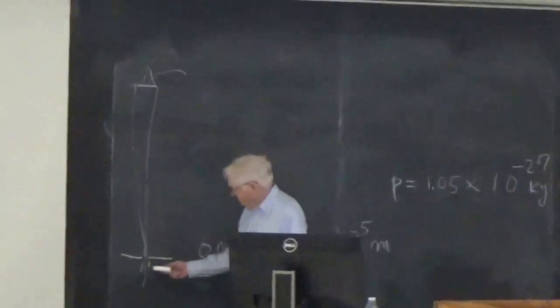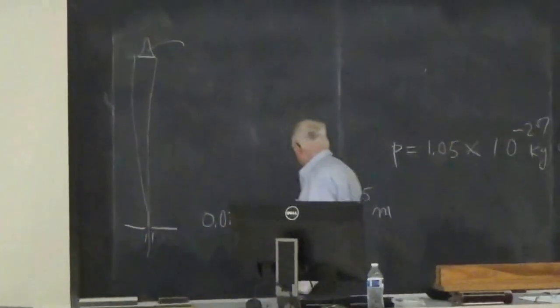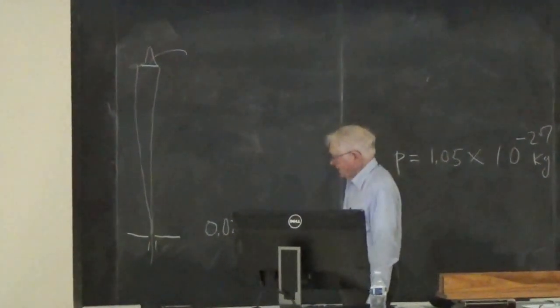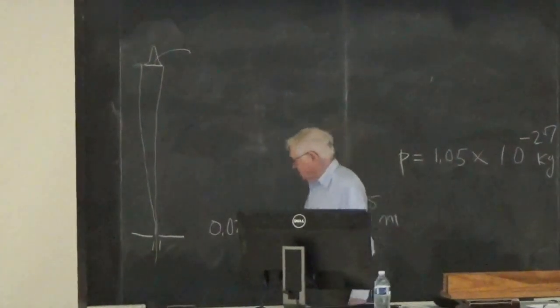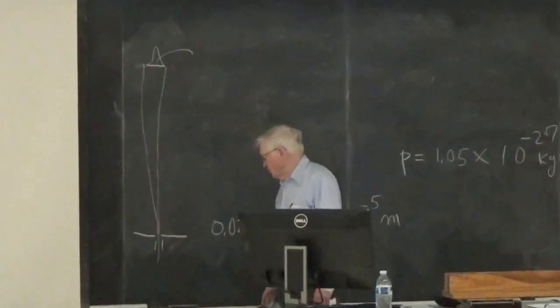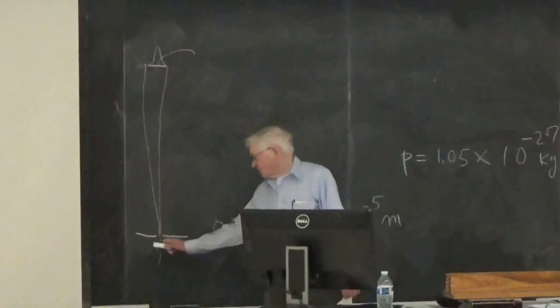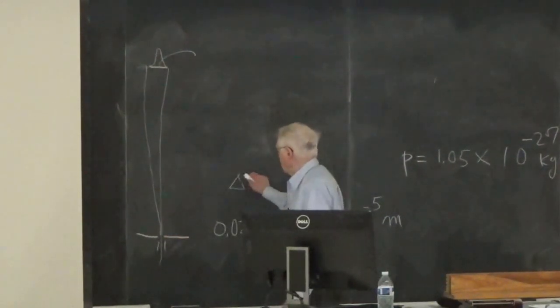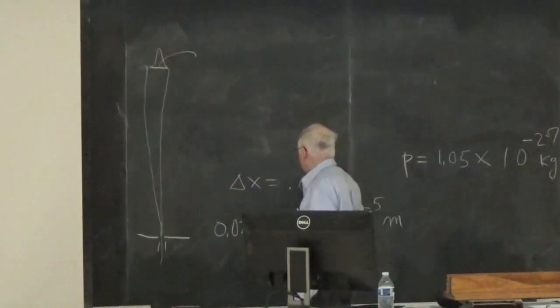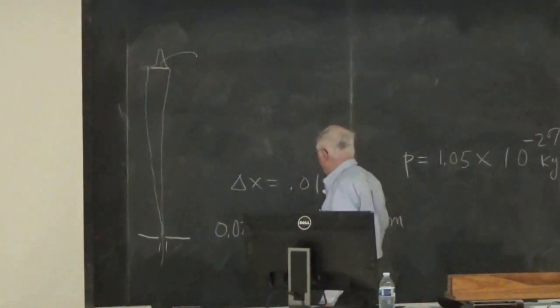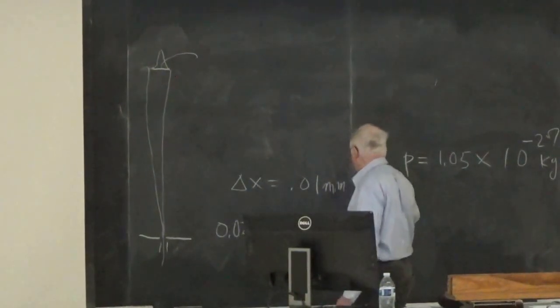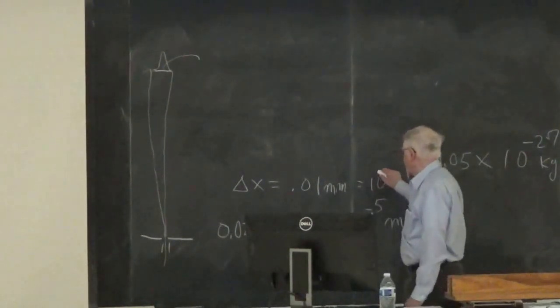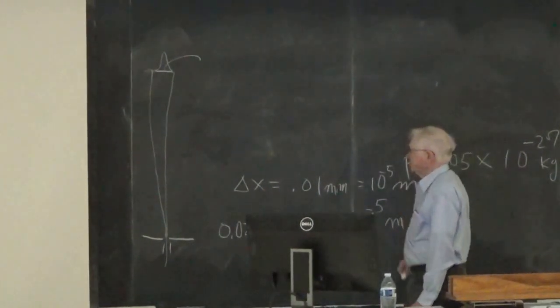basically the uncertainty in the position, the width is 0.02 millimeters, so the distance from the center is 0.01. So what I should really call delta x is approximately 0.01 millimeters, which is just 10 to the minus 5 meters.